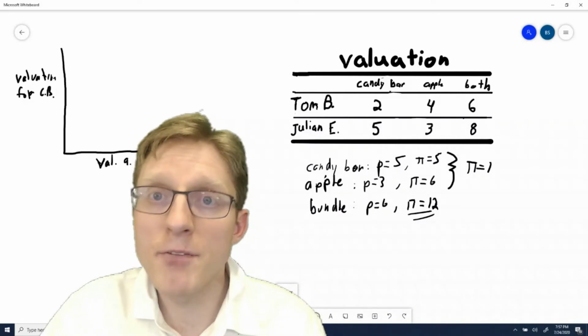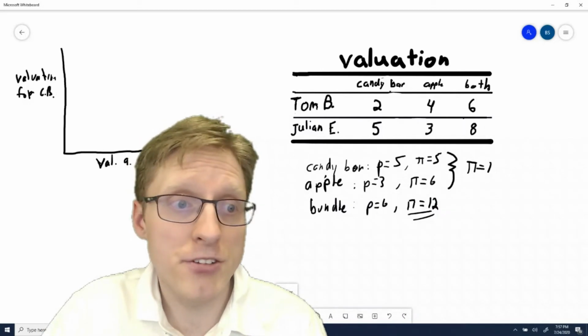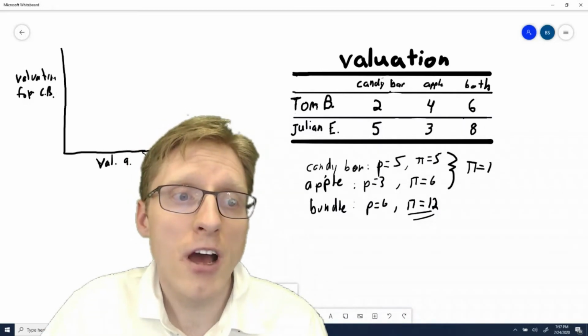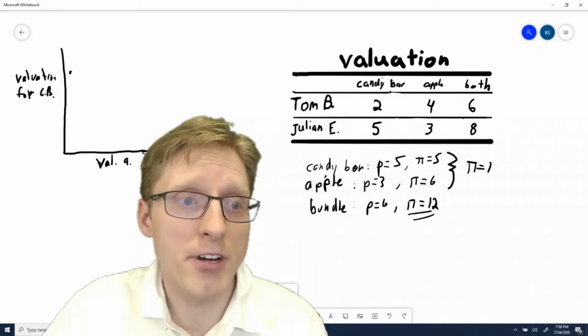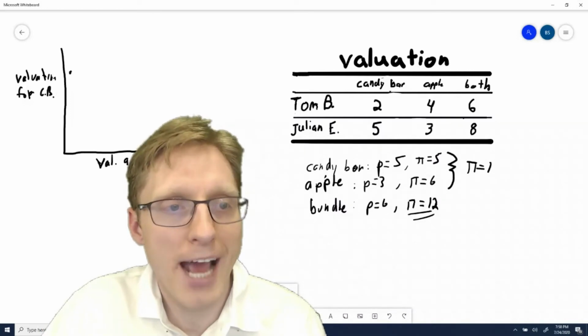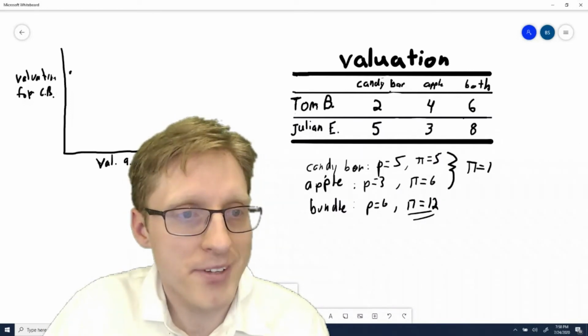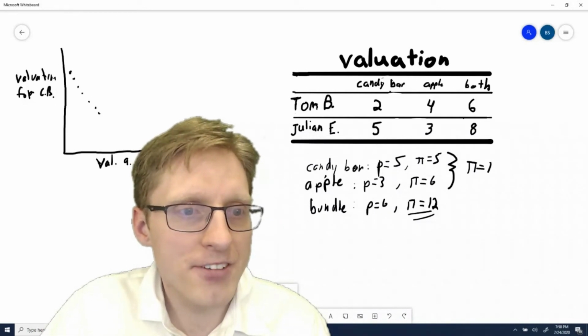I'm going to draw it so each point, which represents a person's valuations for the two products, is at a point where if you sum the height, which is their valuation for a candy bar, and the horizontal distance, which is their valuation for an apple, those two valuations sum to 10.